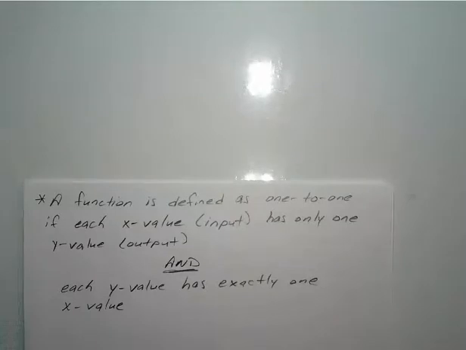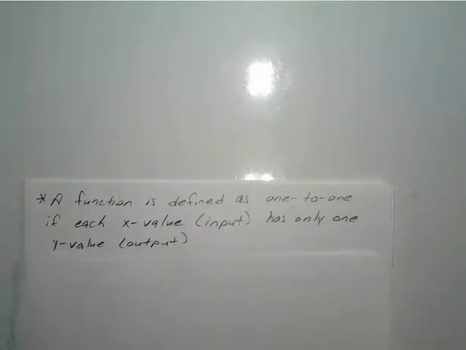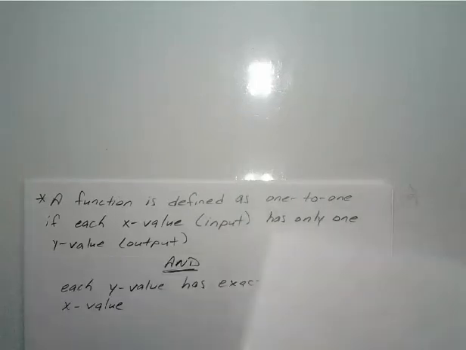Okay, so that's the difference between a function and a one-to-one function. If it was just a regular function, you just need its top half to be true. But with a one-to-one function, both of these have to be true. All right, so let's look at a couple of examples.